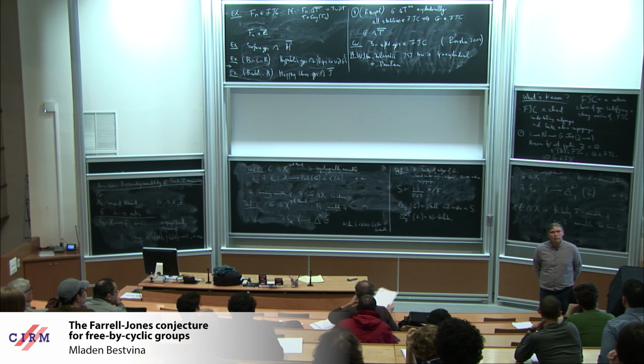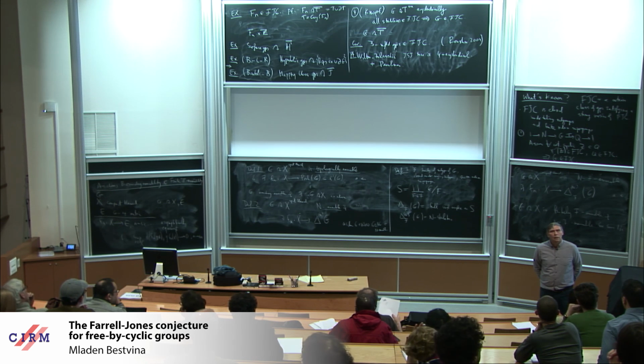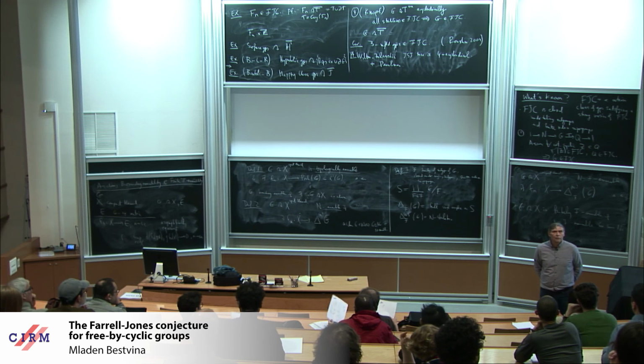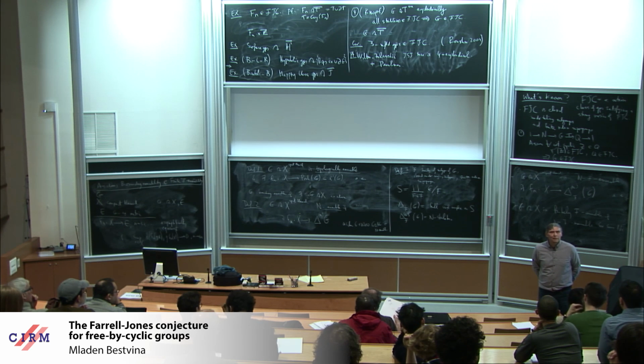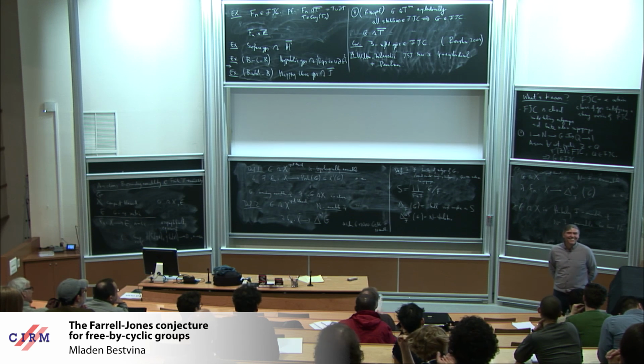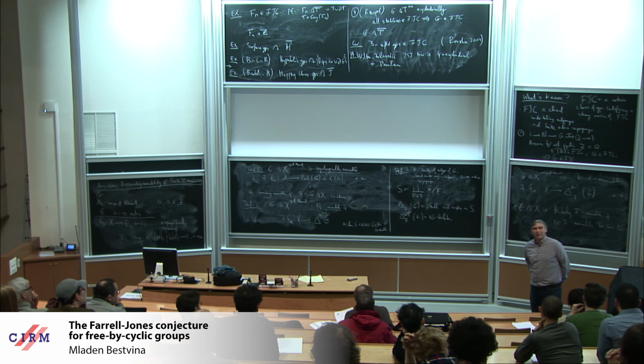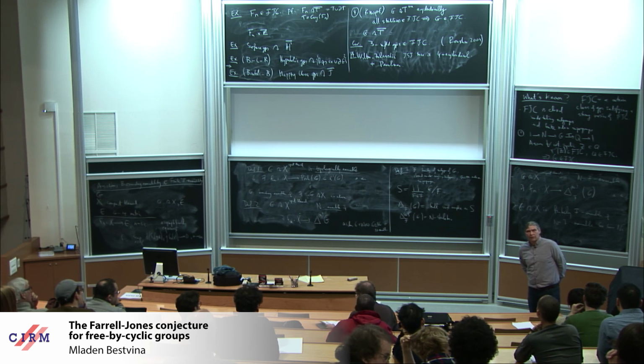I can't think on my feet. Then there is the Kropholler class. So it comes to Farrell-Jones for the Kropholler class. Okay, I don't know. I would guess that the answer is yes, but I don't know for sure.